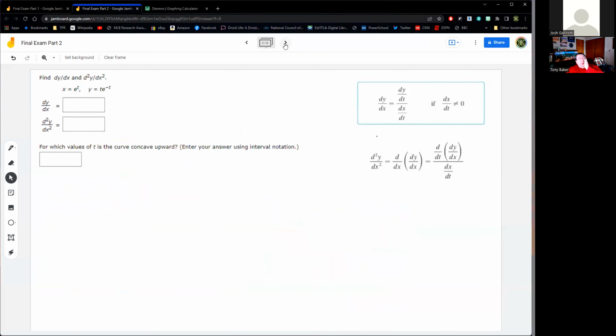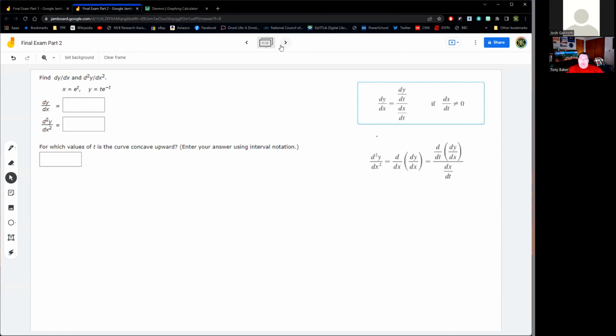We have 2 problems from chapter 10. We have 1 parametric and 1 polar. So parametric, it's going to be looking for the first derivative and the second derivative, and then where it is concave up or concave down.